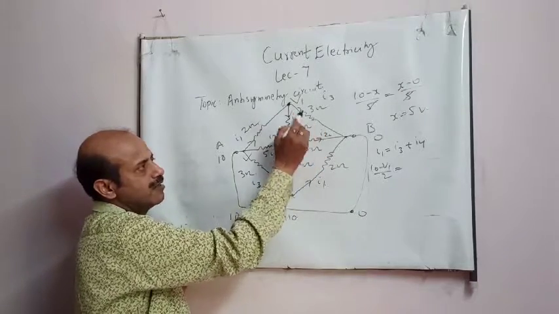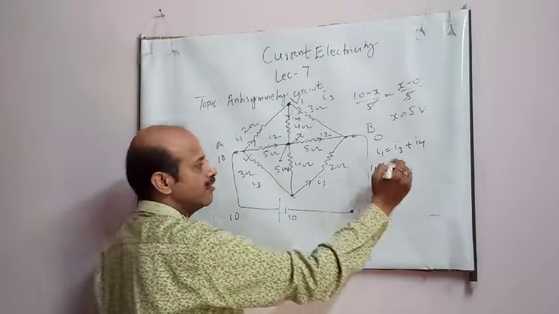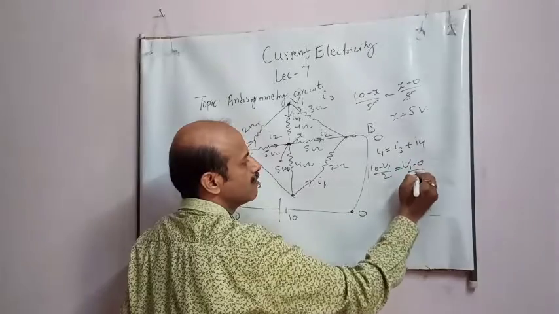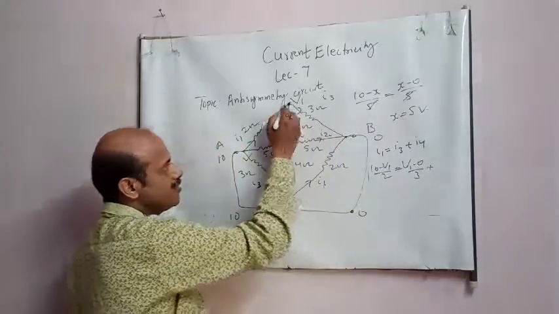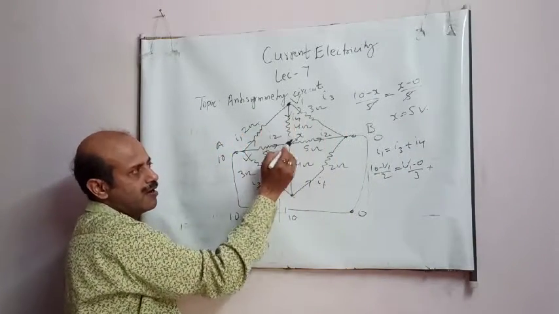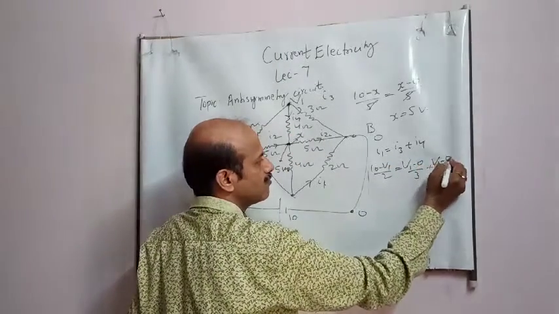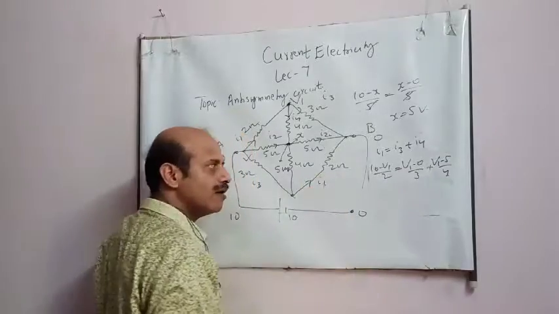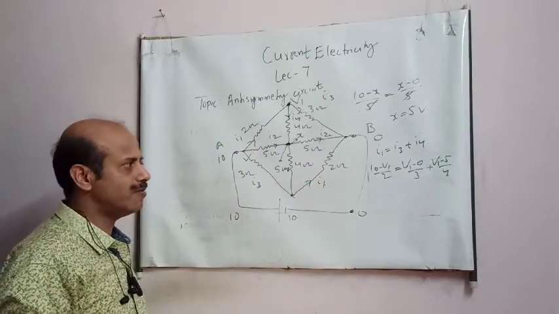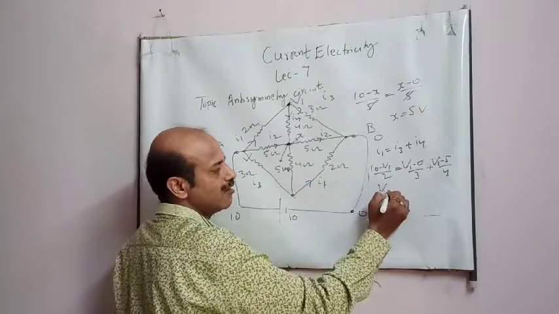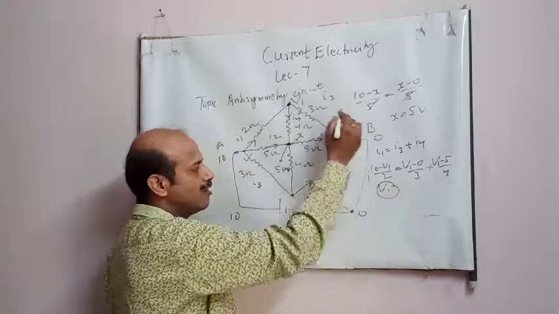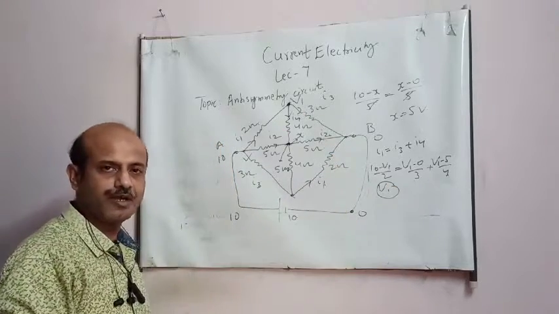This is I3, student. V1 minus 0 by 3. I4 is this part, student. Just now I got it 5. V1 minus 5 by 4. Student, and you solve it, you get V1. Once you get V1, you get all other current. You see, every current you got it.